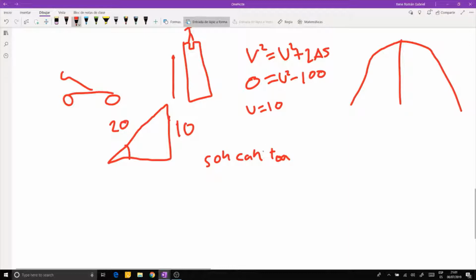This word is divided into 3 parts: the SOH, the CAH, and the TOA. And basically we've got to choose one of these. SOH means sine of theta, theta is just the angle, equals opposite over hypotenuse. Then there's CAH, which is cosine.